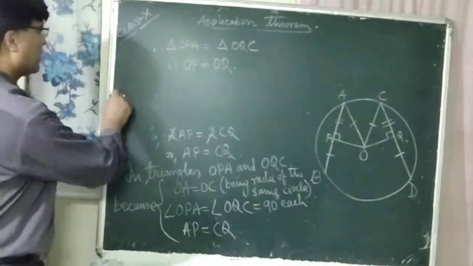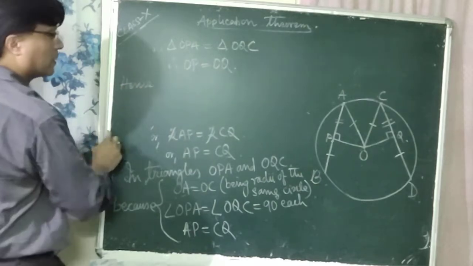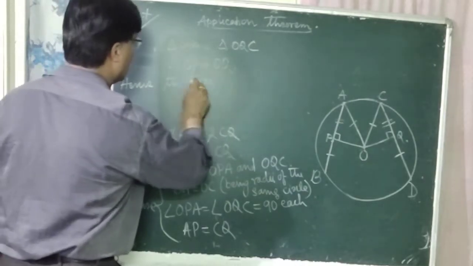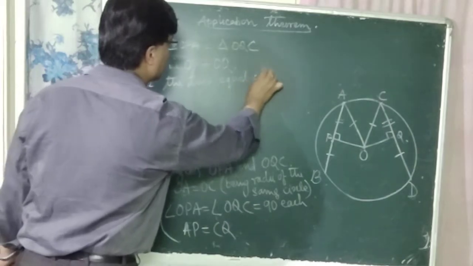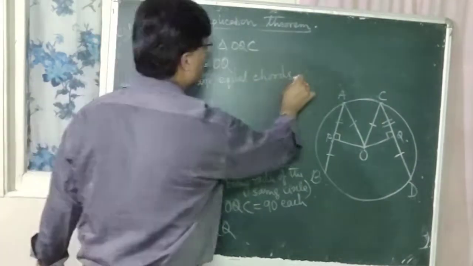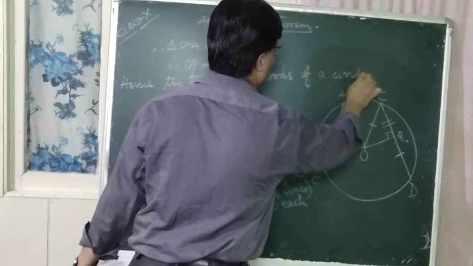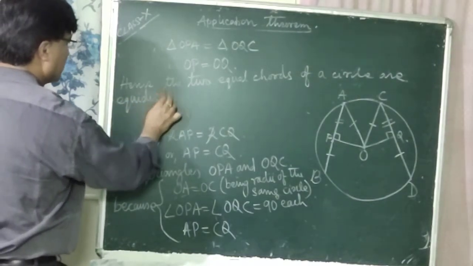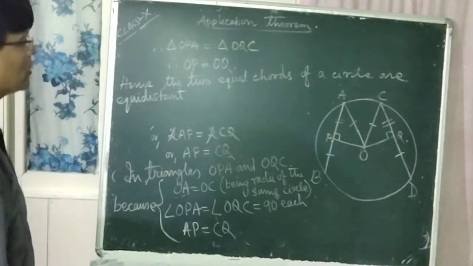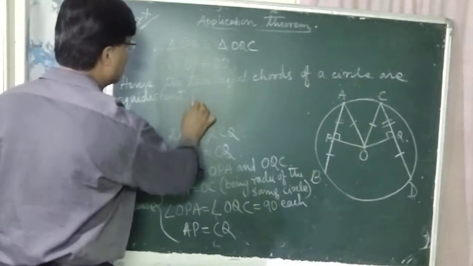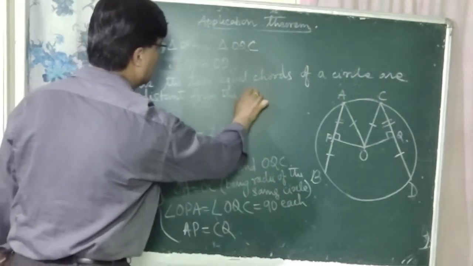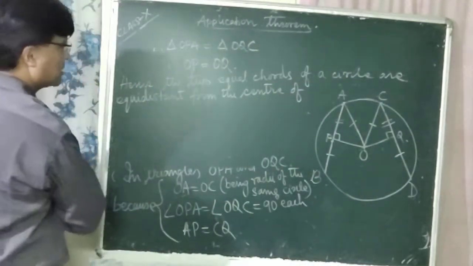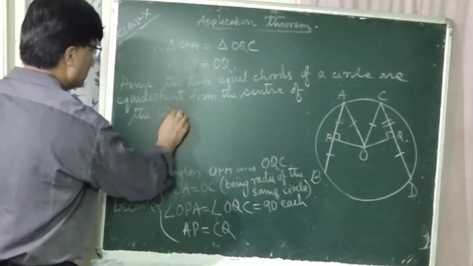Is that clear? So we can write: hence, the two equal chords of a circle are equidistant from the center of the circle.